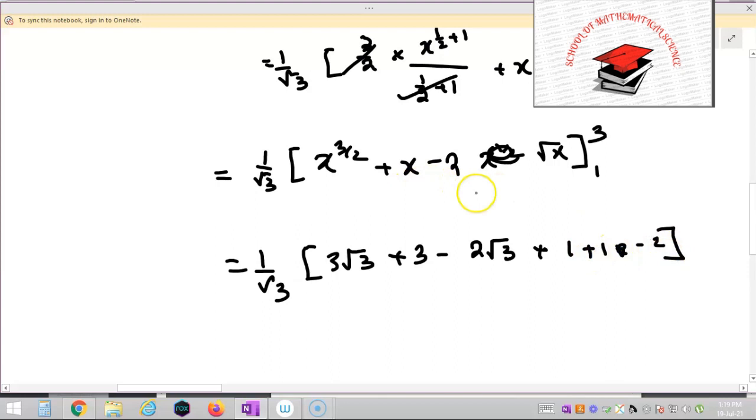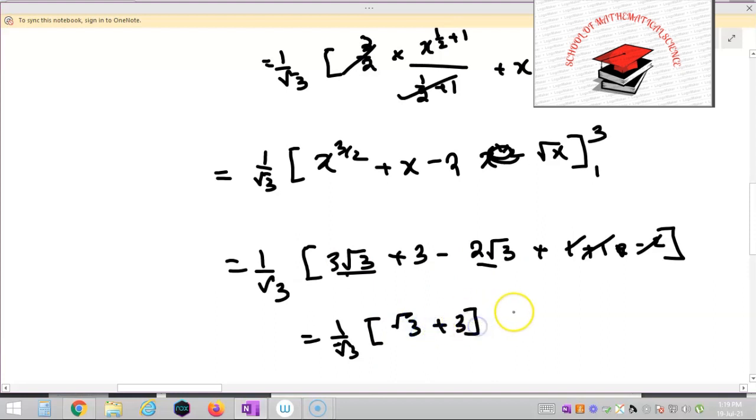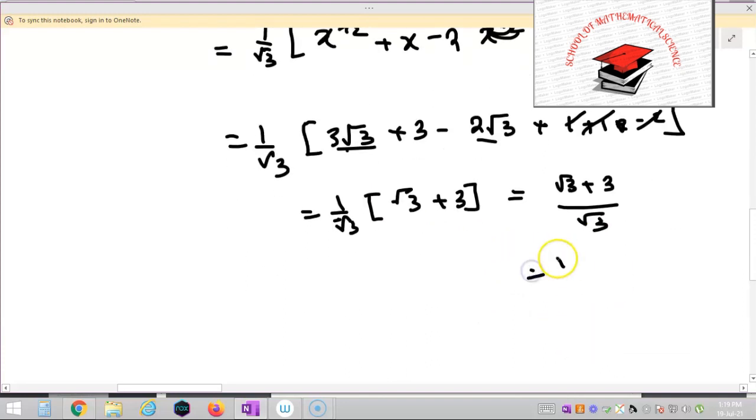Okay, 1 plus 1 minus 2, so cancelling this, you can see that 1 by root 3, it will be 3 root 3 minus 2 root 3, so that would be root 3 plus 3, so it will be root 3 plus 3 by root 3. Okay, if I take root 3 common from the numerator, I will get 1 plus root 3 by root 3, so this is equal to 1 plus root 3.